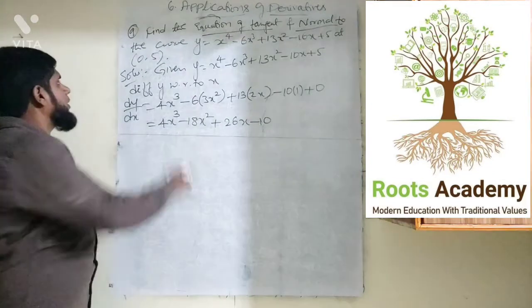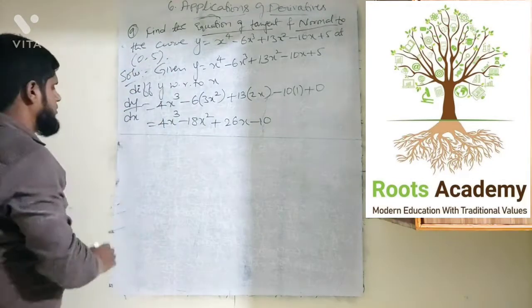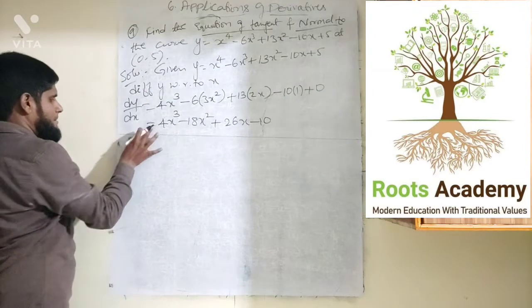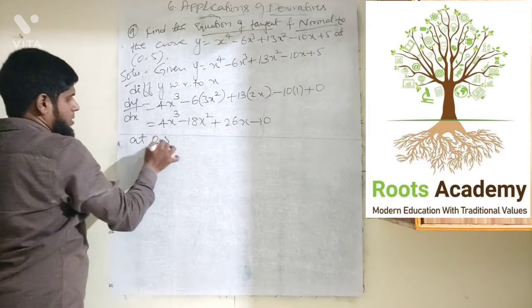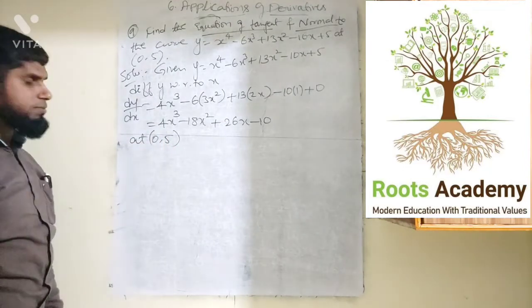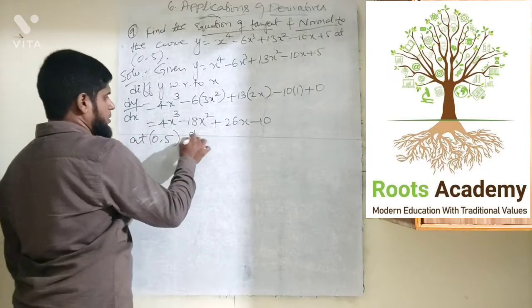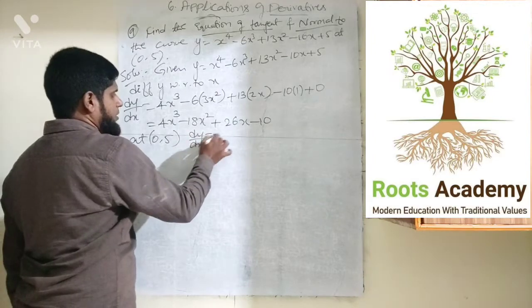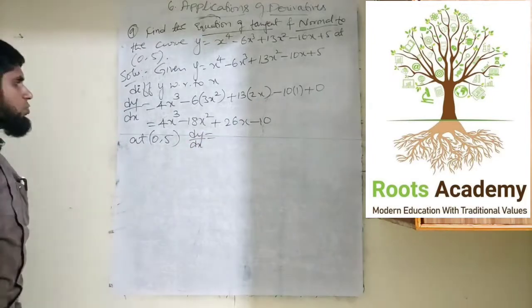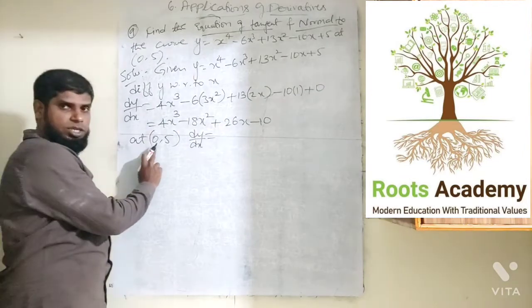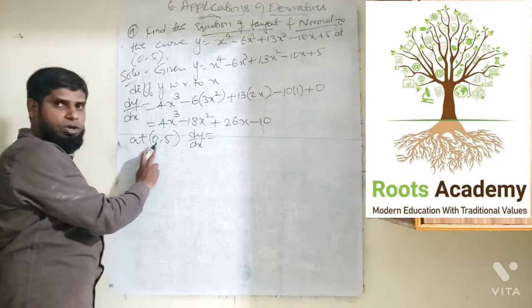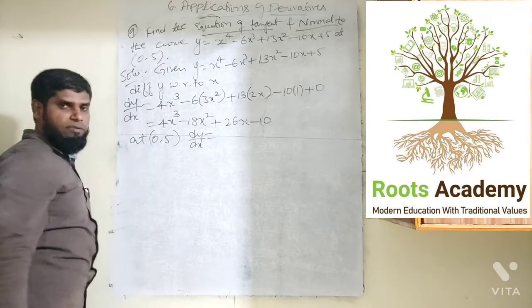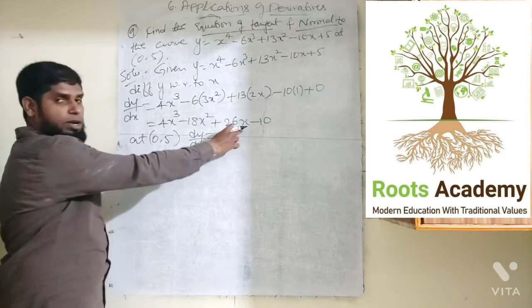He has given the point 0, 5. At 0, 5, dy by dx is equal to, so wherever there is an x, I should put it as 0. X is 0, y is 5, and there is no y here, only x is there.